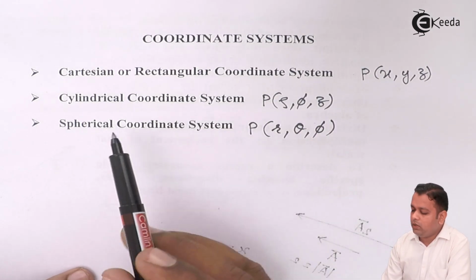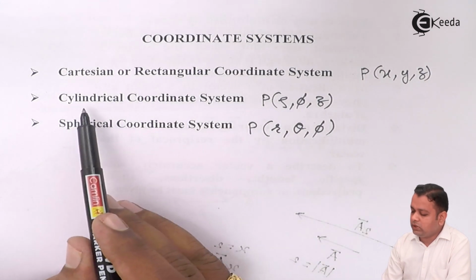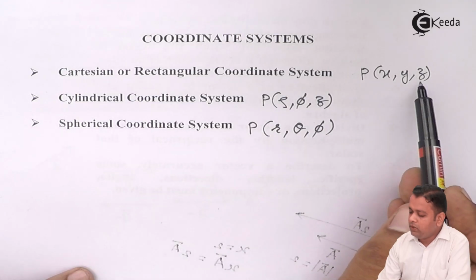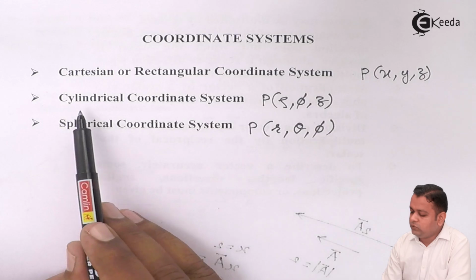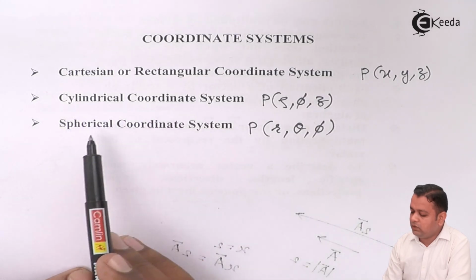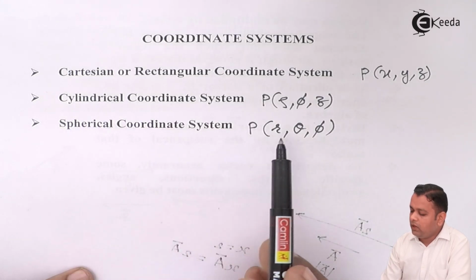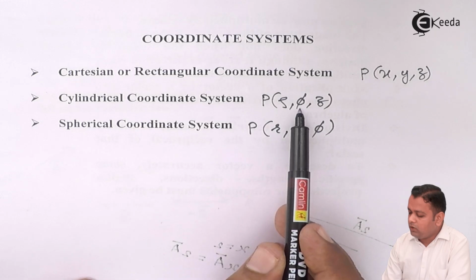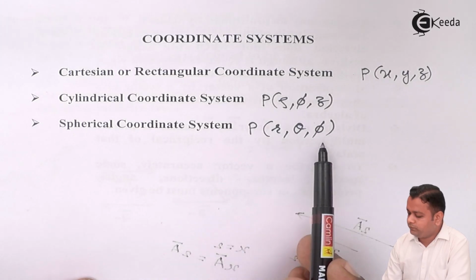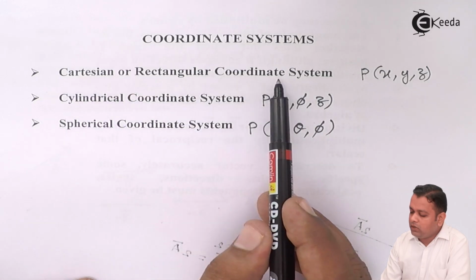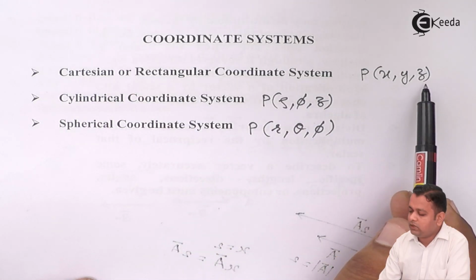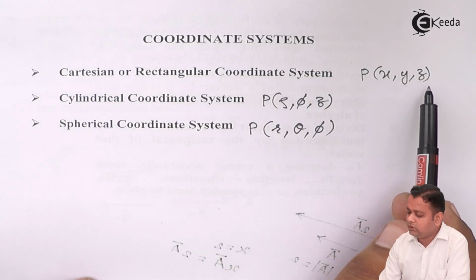If we switch from rectangular coordinate system to cylindrical coordinate system, one coordinate we have in common, that is small z. When we switch from cylindrical to spherical coordinate system, one coordinate we have the same, that is phi.